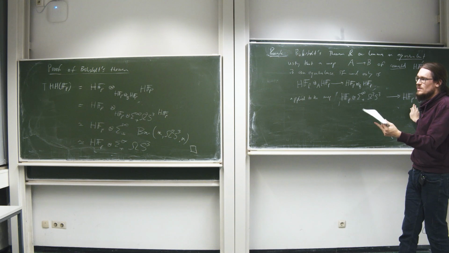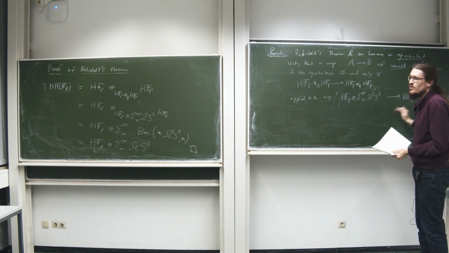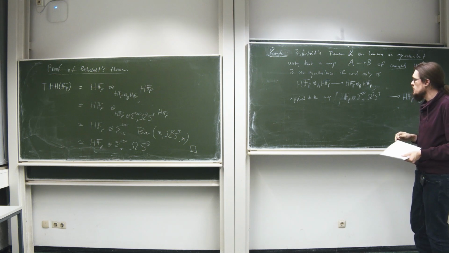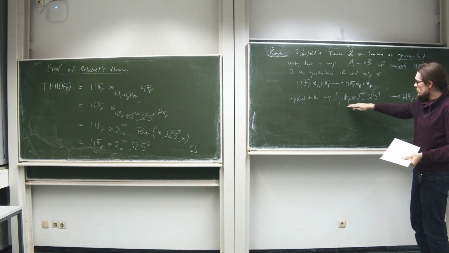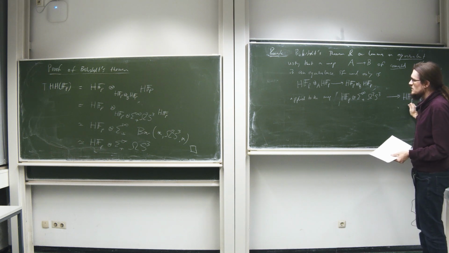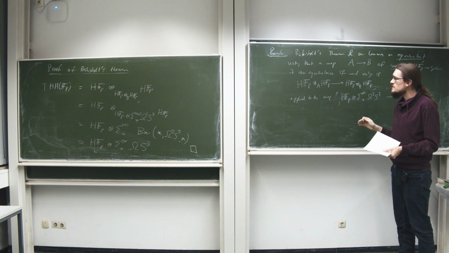And the map you get now is an iso on pi2 because this was an iso on pi1 and there are some connectivity statements. So if you know Bökstedt's theorem, then you know that this map becomes an equivalence after doing this bar construction on each of the guys.